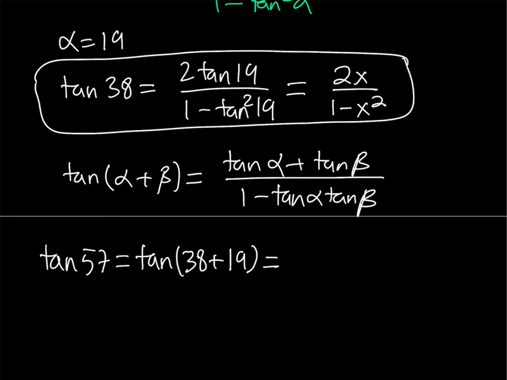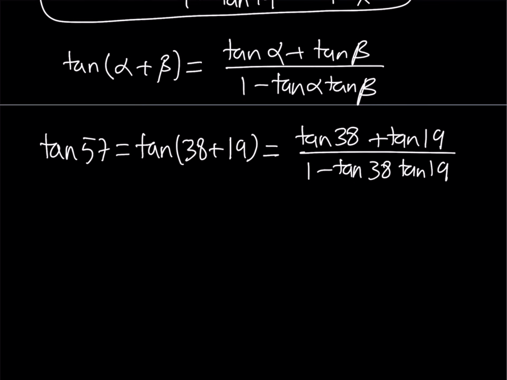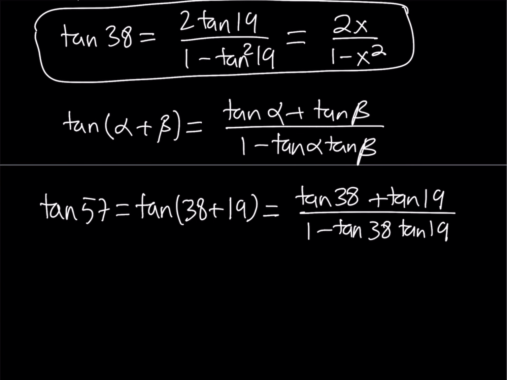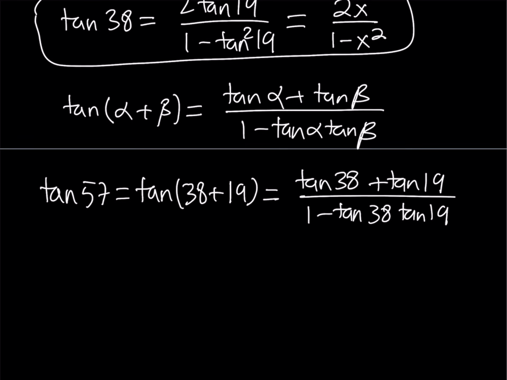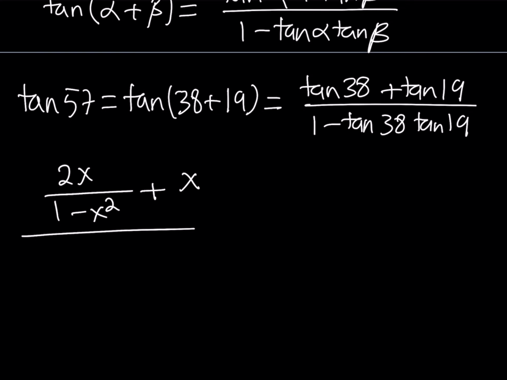So this is equivalent to tangent 38 plus tangent 19 divided by 1 minus tangent 38 times tangent 19. Again, angles are all in degrees. Now we do have the value of tangent 38, so we replace it with 2x over 1 minus x squared. And tangent 19 is equal to x. We divide by 1 minus tangent 38 multiplied by x, which makes it 1 minus 2x squared over 1 minus x squared.